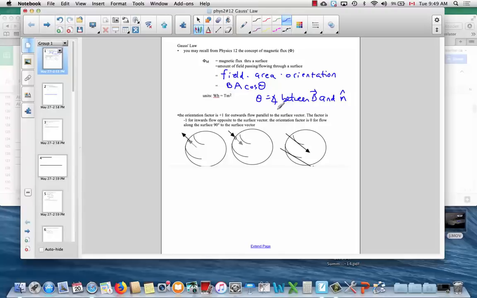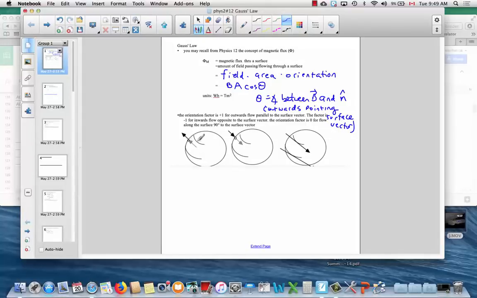So this is an outwards pointing surface vector. Now this will become a lot more important when you do calculus 3, but for now, outwards pointing surface vector, that's what n hat is.